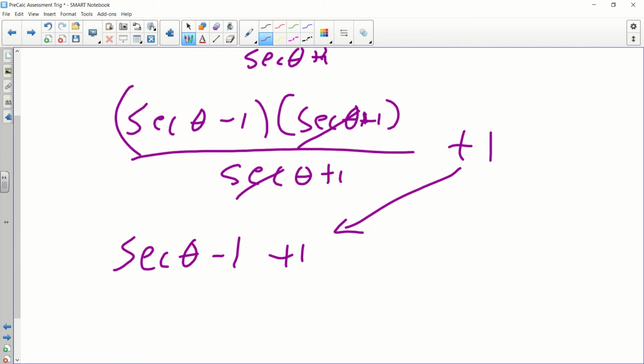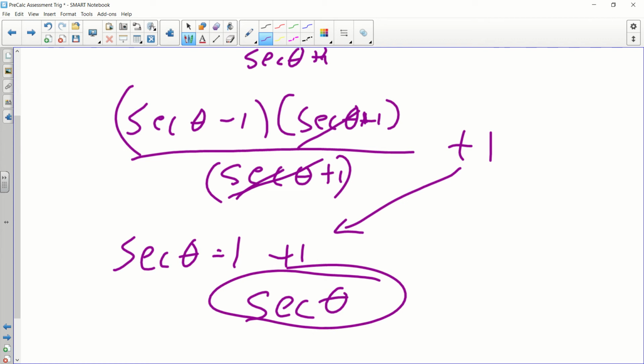So I'm bringing that over. This whole thing is canceled out. Negative 1 plus 1 is 0. So I'm just left with the secant of theta. And that is my final solution for number 4 in the apply and evaluate section.